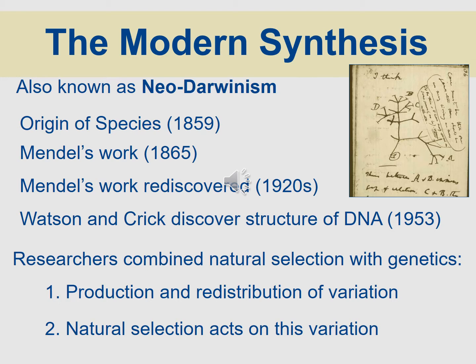So if we look at a brief timeline, you have Darwin's book On the Origin of Species, which is now over 150 years old. Pretty darn good idea. It has not been rejected, his idea about evolution via natural selection. You had Mendel's work in 1865 that was kind of lost, and it was rediscovered in the 1920s and 1930s, and the experiments were replicated.